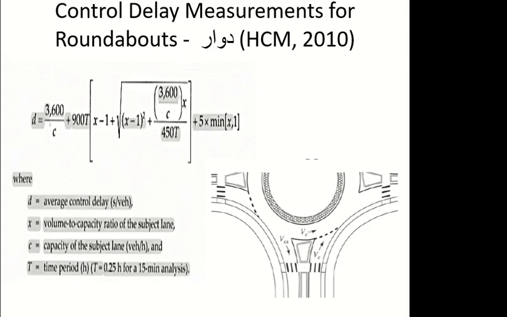You need the volume in each lane of the roundabout, and you need the volume on the roundabout itself. You can see it over here. You need this volume for each lane. If there are multiple lanes, 2 lanes, then you need to know for each one of them. And you need this volume.